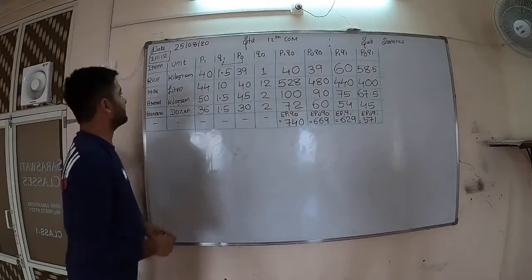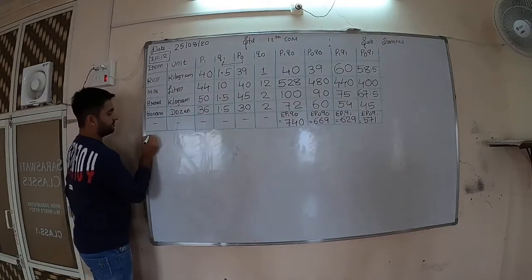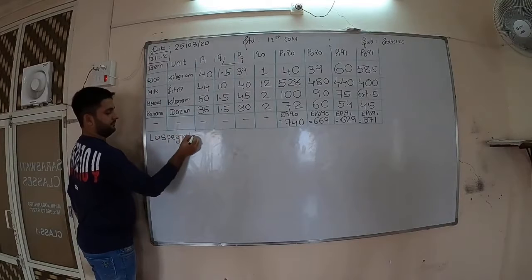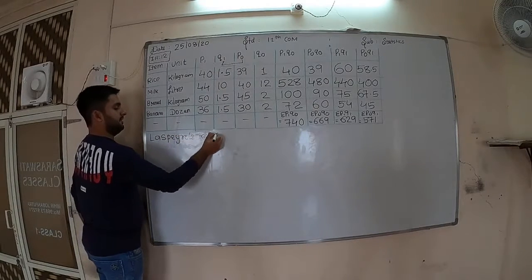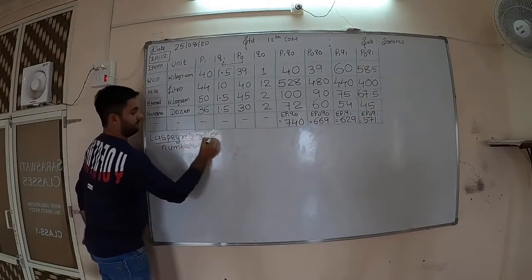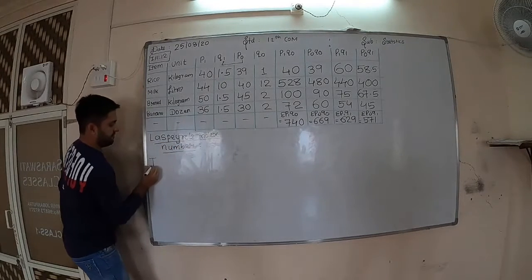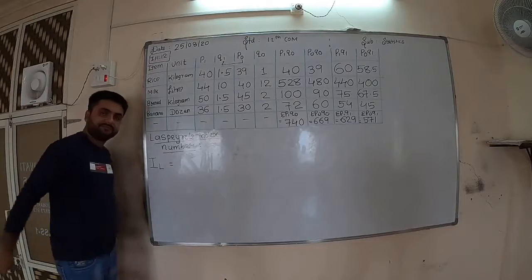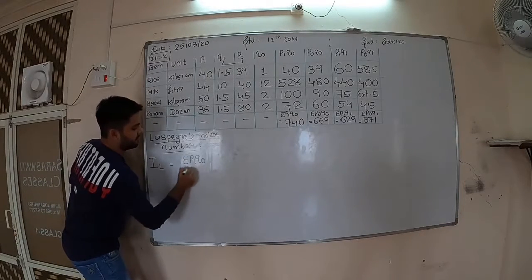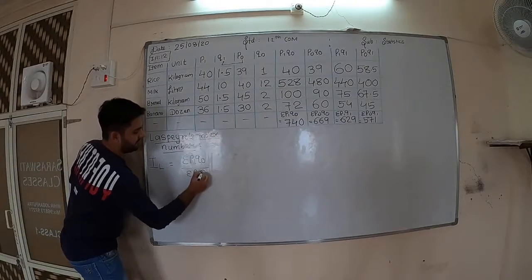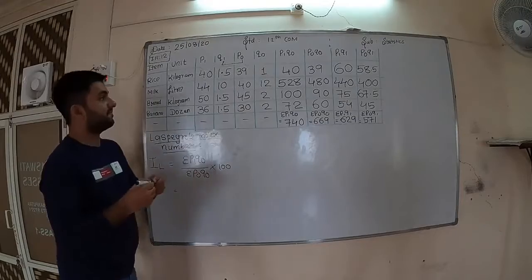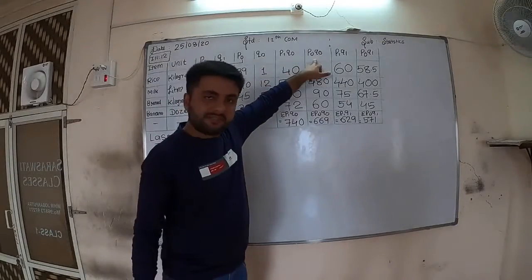Now find the index. Last year's index number, which is denoted by IL. Okay, IL is sigma P1 Q0 upon sigma P0 Q0 multiply 100. Means this is numerator, this is denominator.